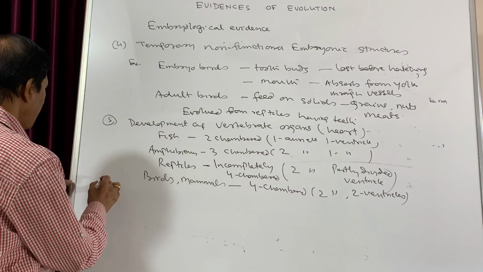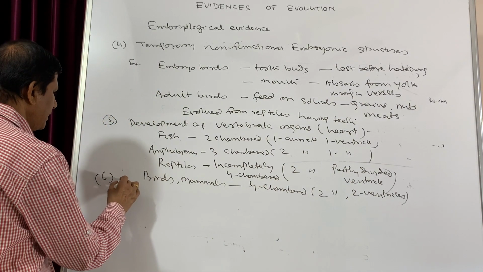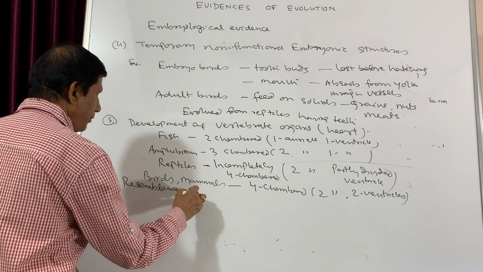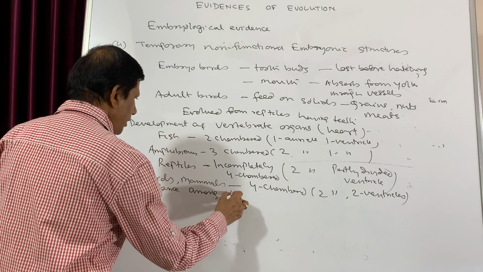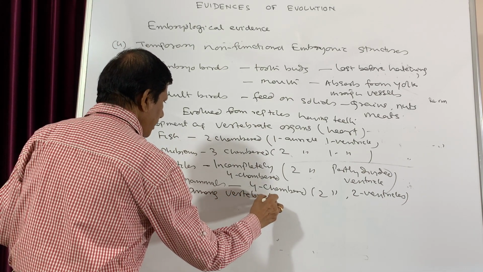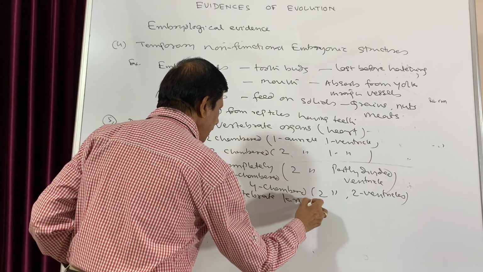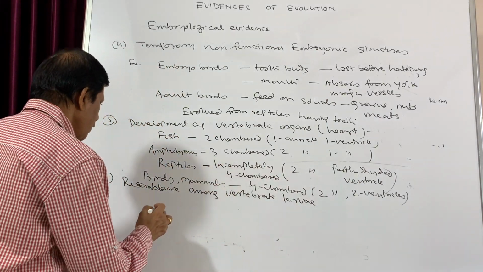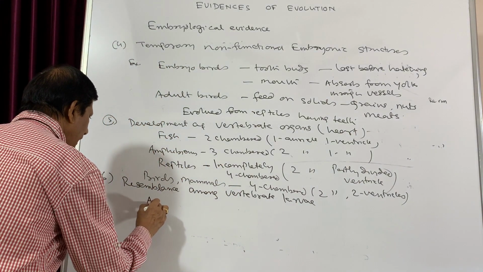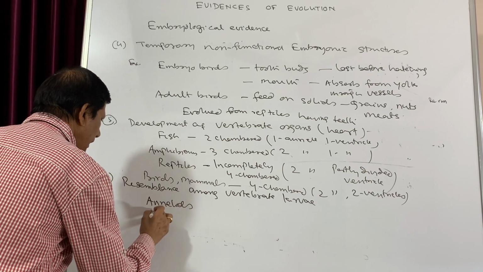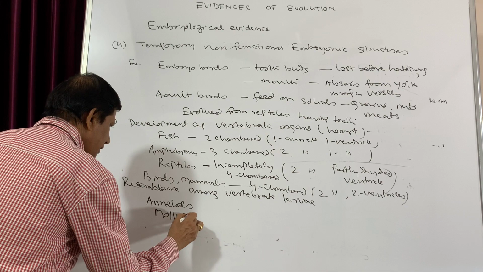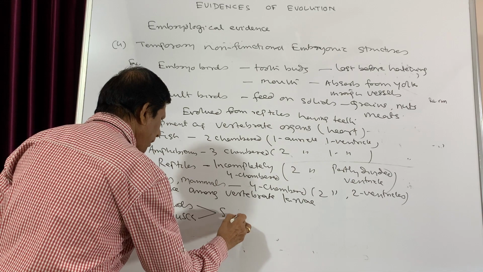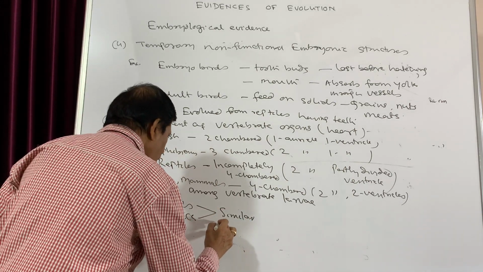Then we can give another example, that is resemblance among vertebrate larvae. In some animals, there is similarity in their larval structure. One such example is annelids and mollusks. In both cases, their larva is similar and is known as trochophore.